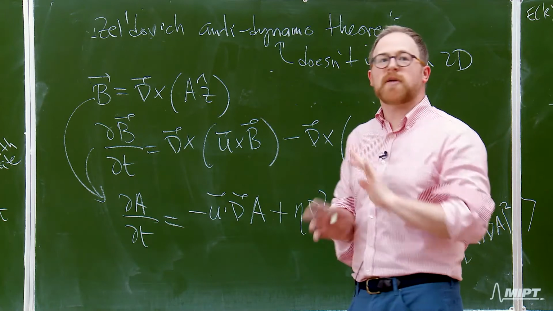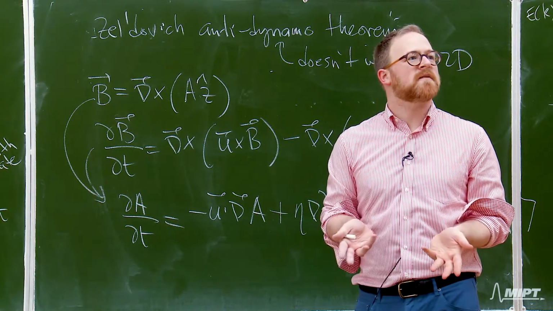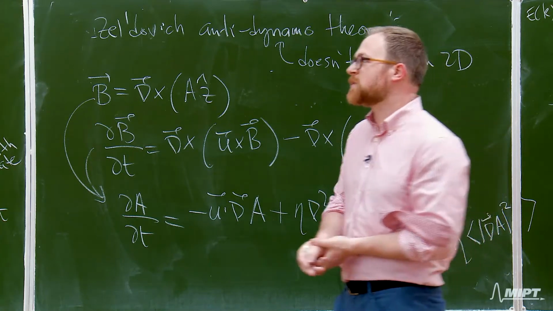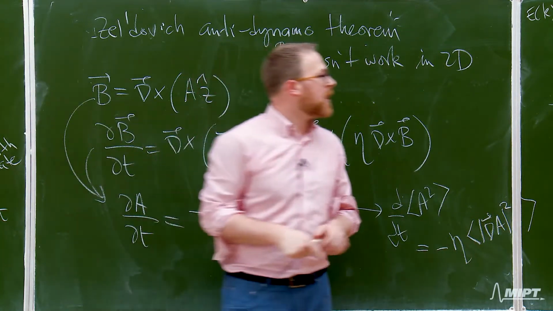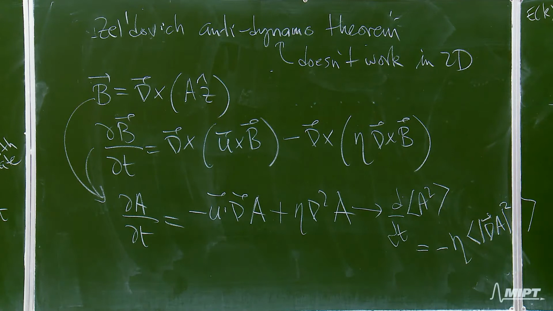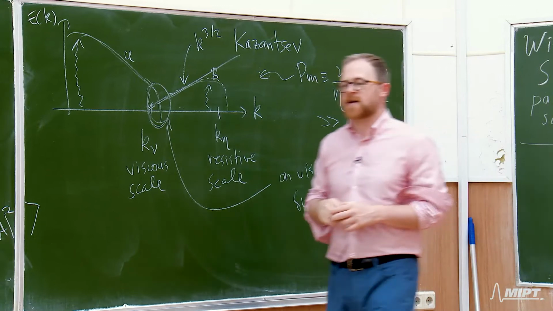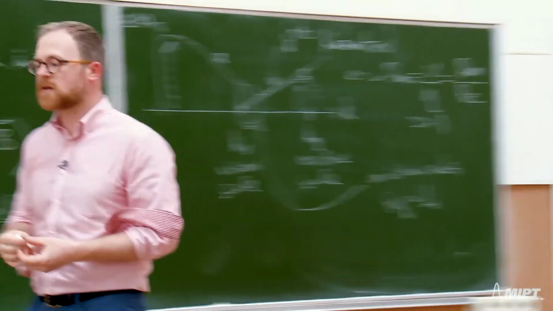But this is more about just exposing you to something that you might not have seen before, involving the anti-dynamo theorem, something called the kinematic dynamo, and something about what the field may or may not look like based on something called the magnetic Prandtl number. So if you just take those things away, that's great. Like I said, if you want more, the details are in the notes.